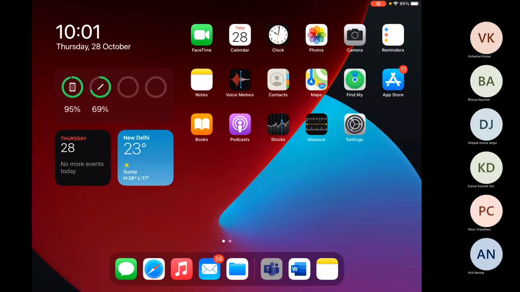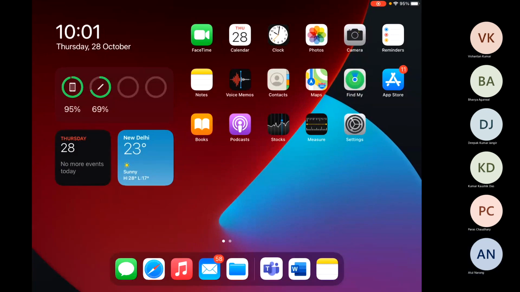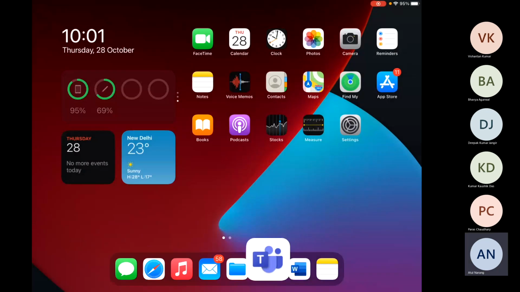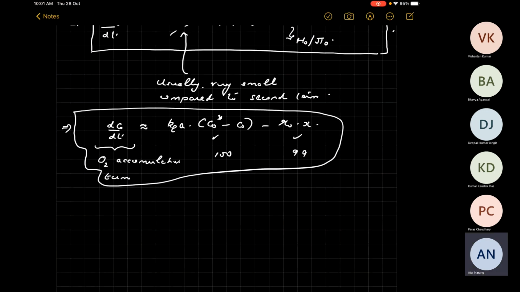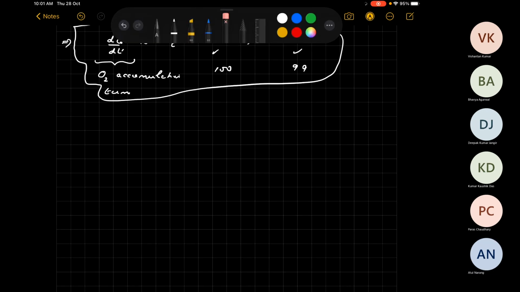Then I'll move on to the next topic, which is mass balance for the gas phase.